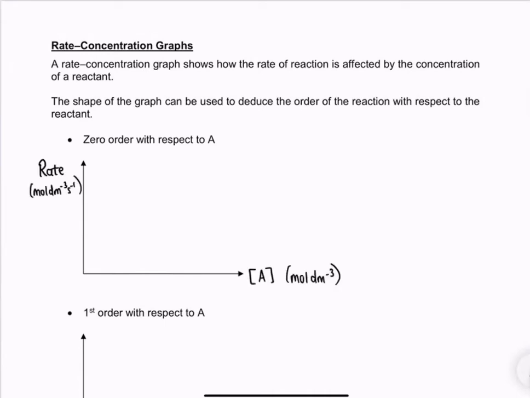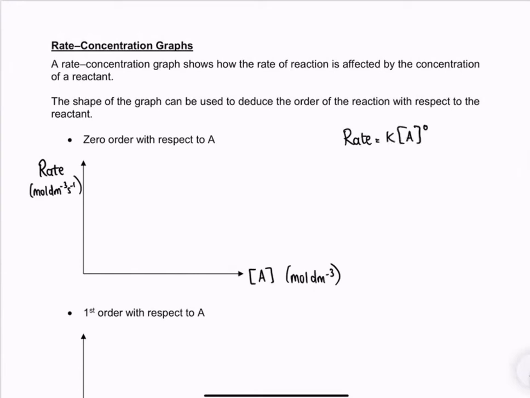If we have a look at how we would label our axes, we've got rate in moles per decimetre cubed per second and concentration in moles per decimetre cubed. What we need to think about is, what does zero order mean? Now remember that the rate equation would go rate equals k[A]^0.